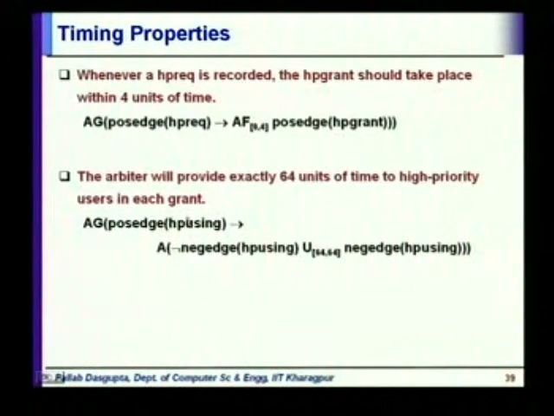Whenever that rises, then along all paths we will have not HP using, which means that HP using will not fall until the 64th cycle, and after that HP using will fall. So this says that HP using is held high until the 64th cycle where HP using goes down. That expresses the intent that it gets exactly 64 units of time.